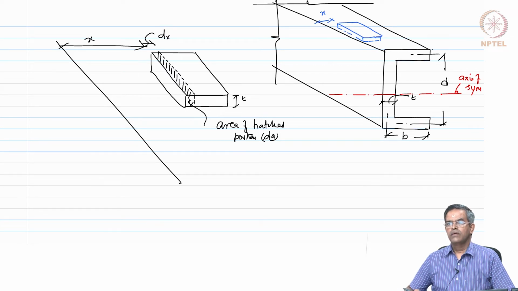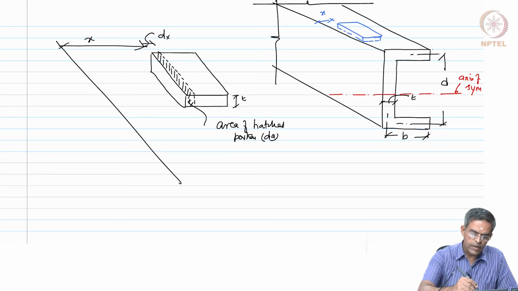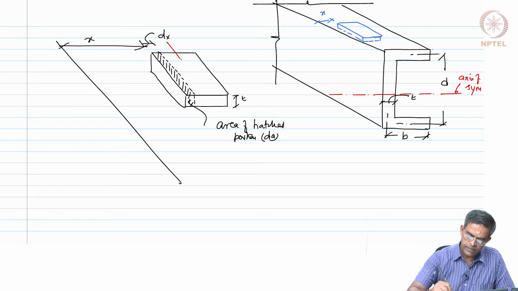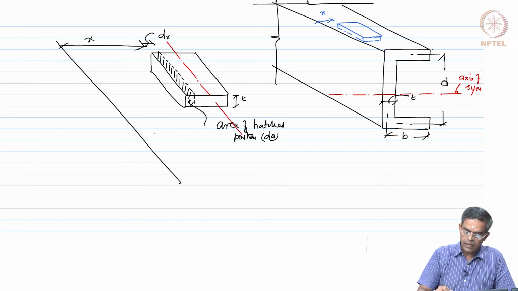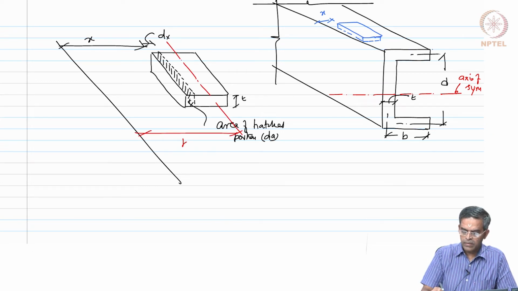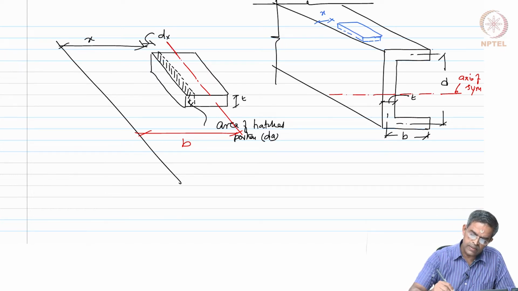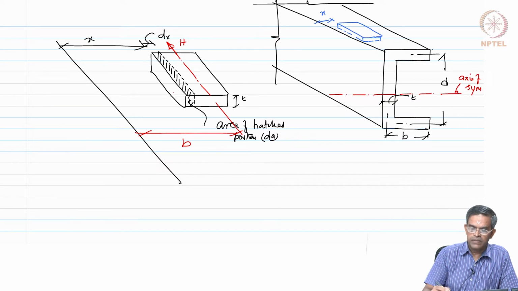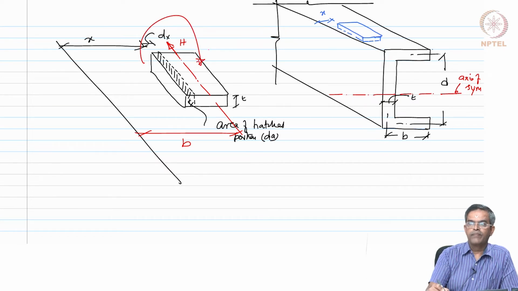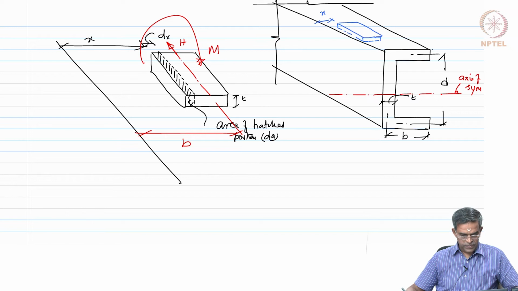Okay. And let us say we have an axis which is measured as b distance from there, and along this axis we have H and we have M acting in the cross section.